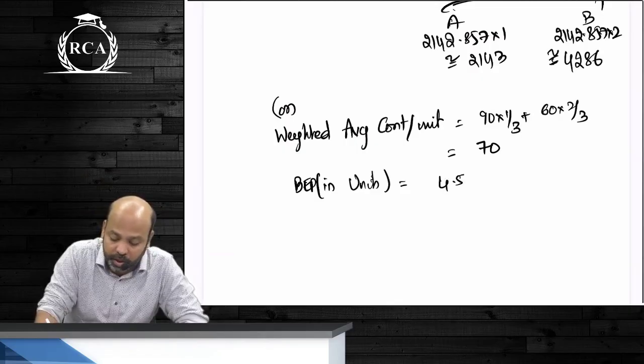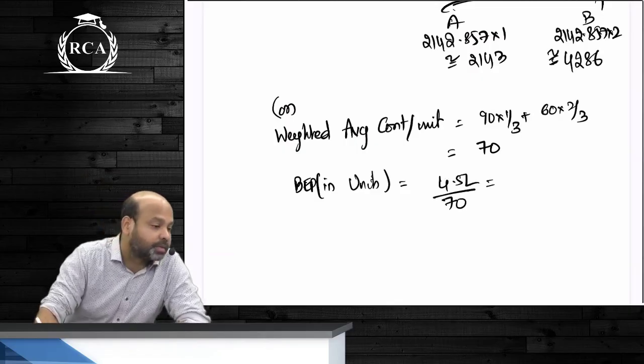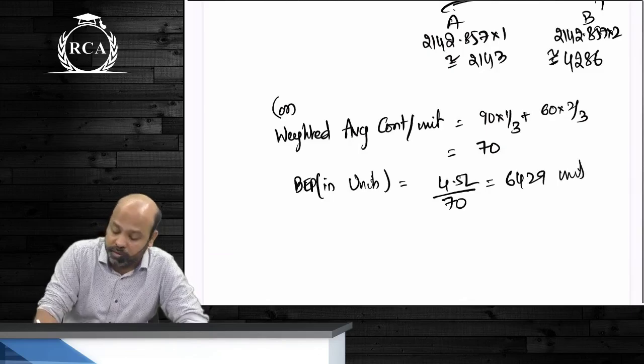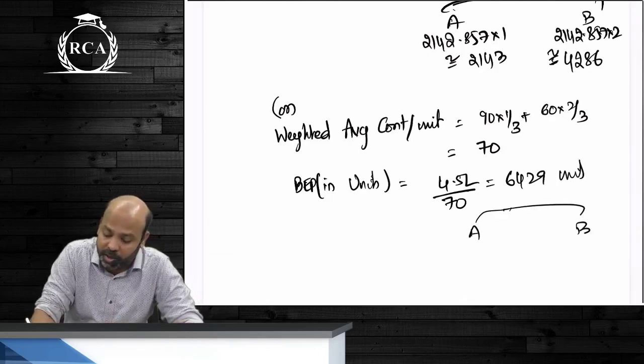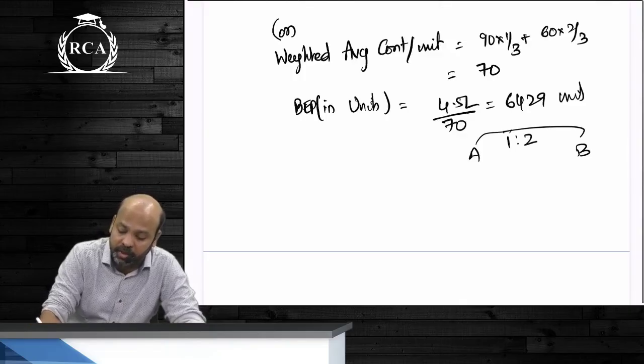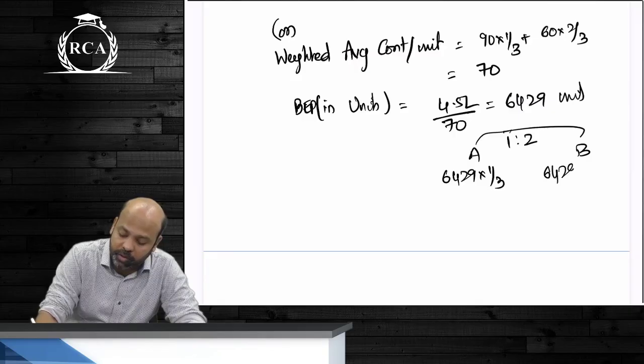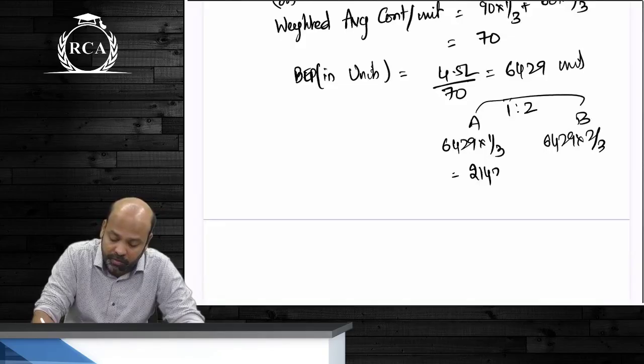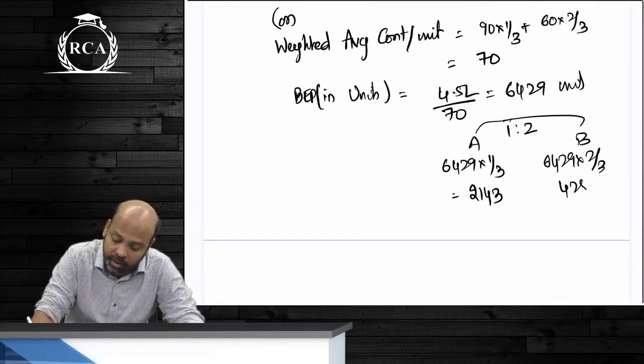You will write 4,50,000 upon 70, which is 6,429 units. If you want to divide this between A and B, do not multiply, divide it in the ratio. 6,429 into 1/3, 6,429 into 2/3. The answer should obviously be the same, 2,143 and 4,286.